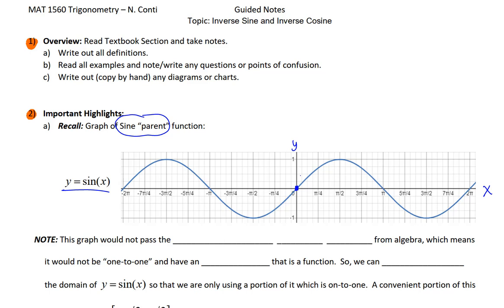We know that the period of sine is 2 pi, so we would expect that if you look at a span of 2 pi, so from 0 to 2 pi on the x-axis, you would see one full period of the graph of sine.